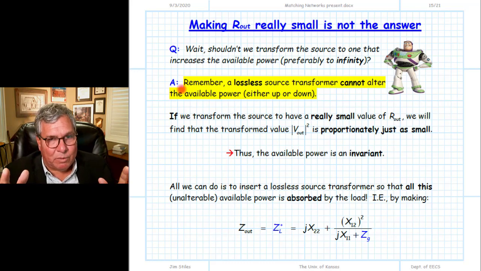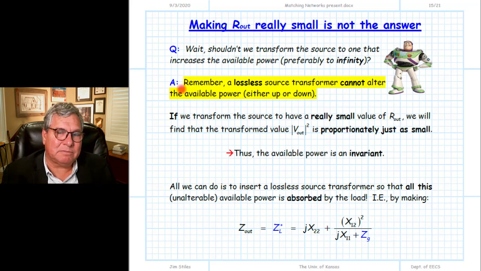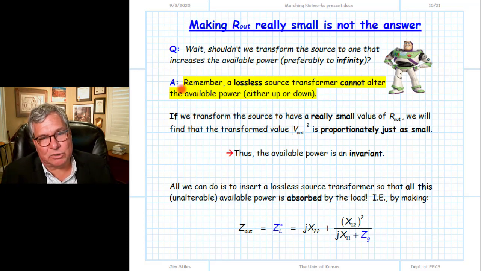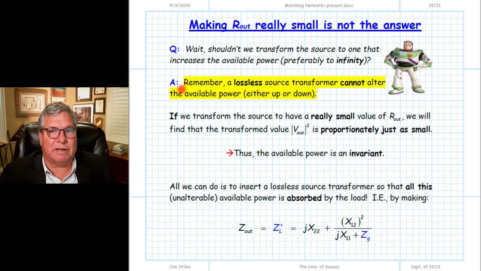And they transform in a way, if it's lossless, such that the available power is conserved. It is an invariant. The whole point of trying to reduce the resistive component of the source is to increase the available power of that source. But we cannot increase the available power of the source by attaching a lossless two-port device to it. The available power is invariant.